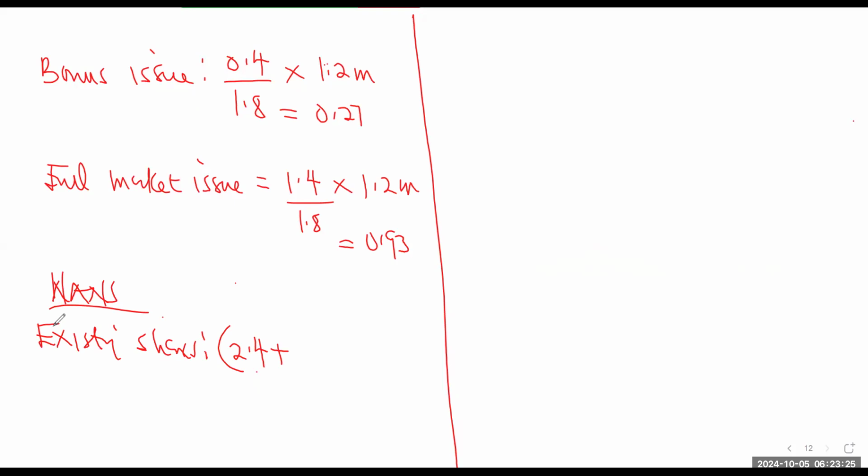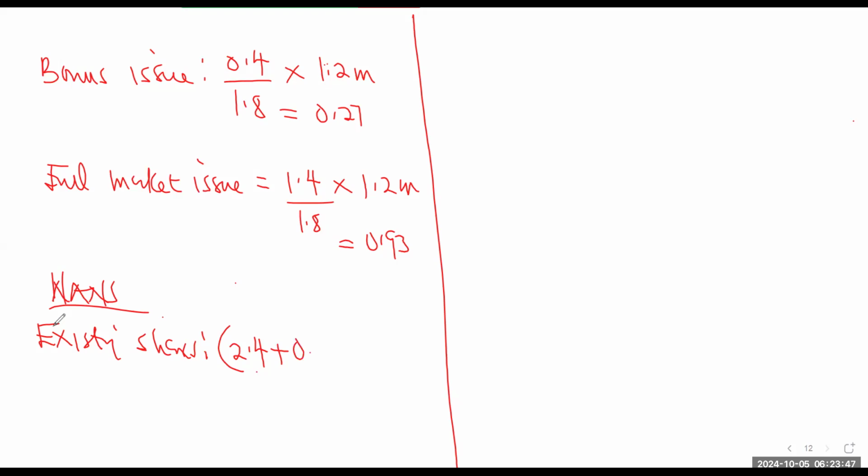On the shares that have been in existence before the bonus issue. So that will be made on only 2.4. The bonus issue is made on the same day the right issue is made, so there's no way the bonus issue will have an effect on a full market issue from the right issue. So it will be the existing shares that are going to be deriving from this one.